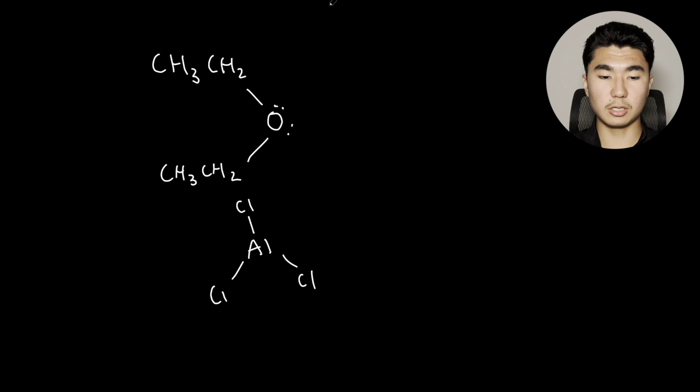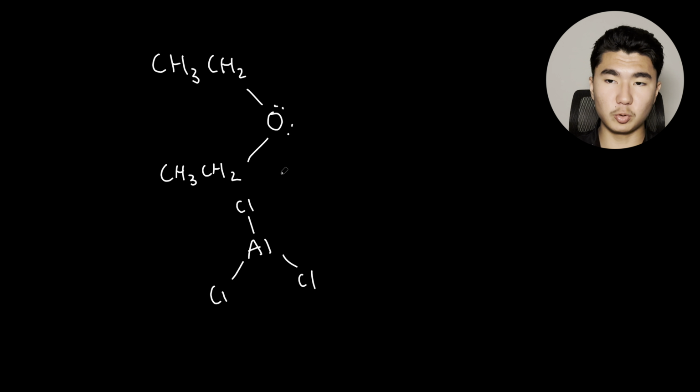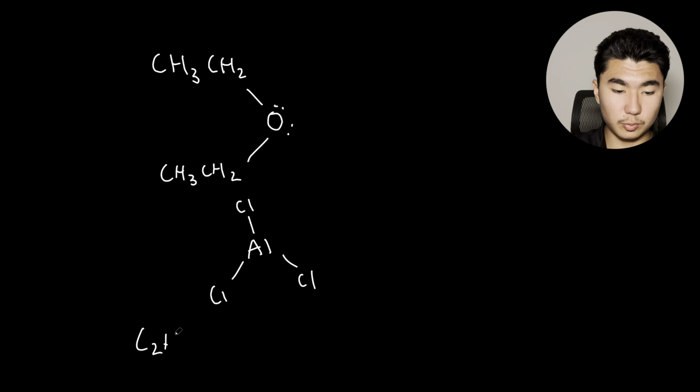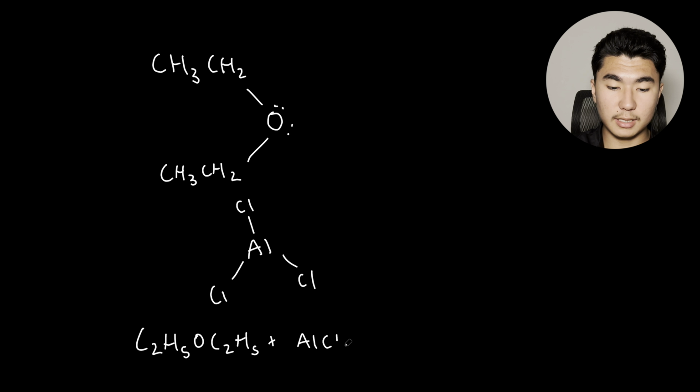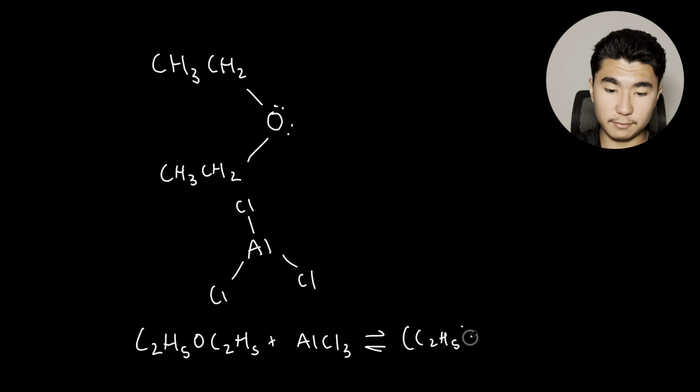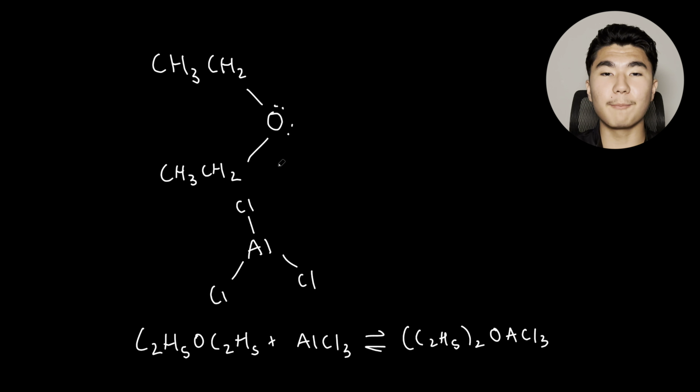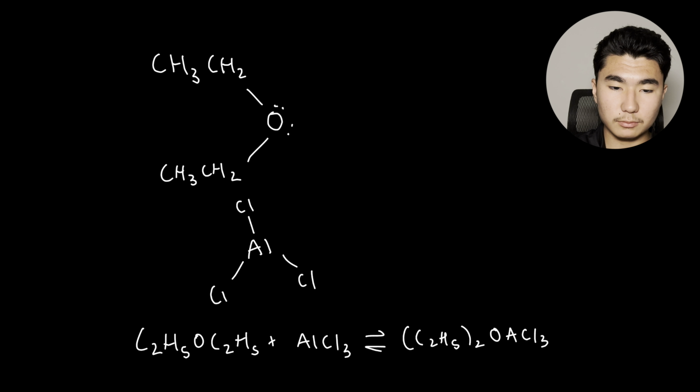If you wanted to see the chemical equation for this, it would be C2H5 2 O plus AlCl3, going to, that's an equilibrium, (C2H5)2O AlCl3. So these two are going to bind with each other, but you might be wondering, how do they actually do that?